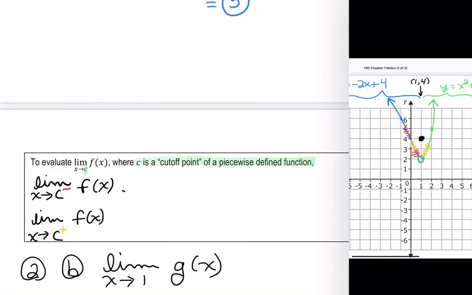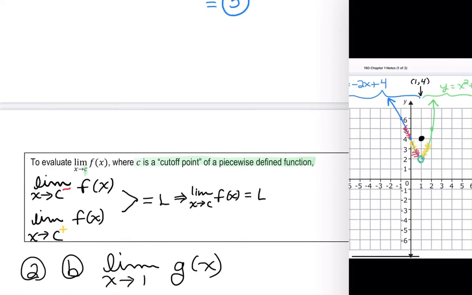So if these two are both equal to, let's say, L, then that implies that our limit as x approaches c of f of x would be equal to L.